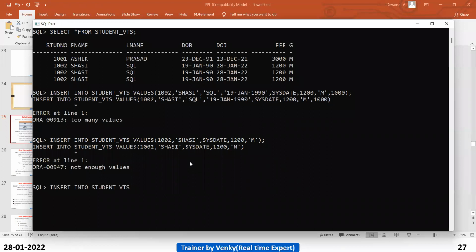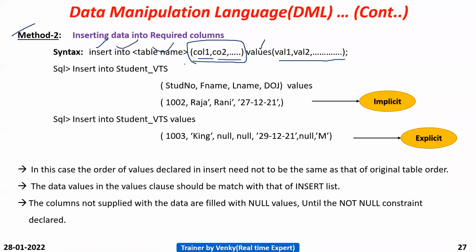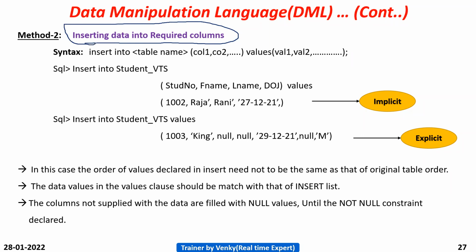That is called specified columns. So what is the syntax of specified columns, I mean required columns, guys? Insert the data into required columns based on your requirement. Tell me the syntax.